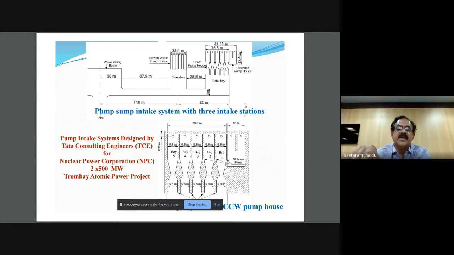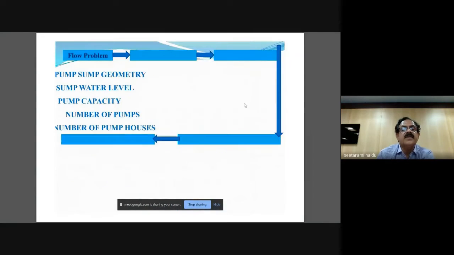This study was undertaken in CWPRS. This particular study investigation was reported in the ISC Journal of Civil Engineering, I think in 2000, as a discussion paper. You can see.